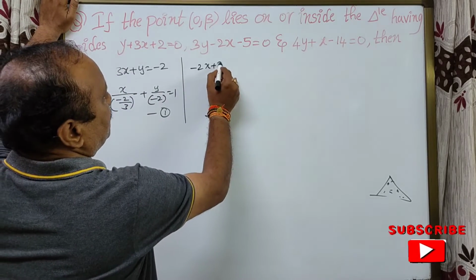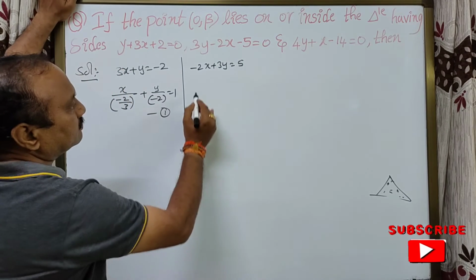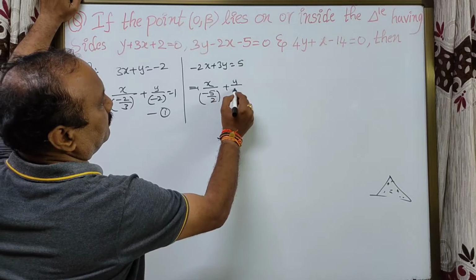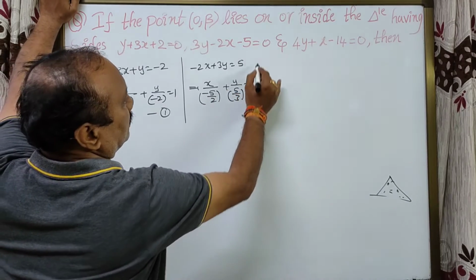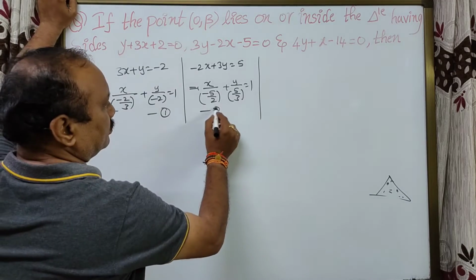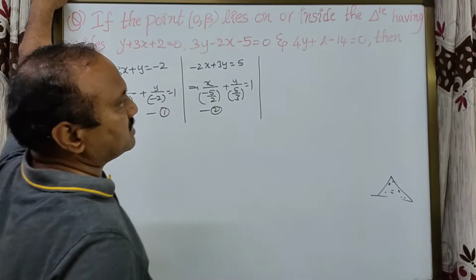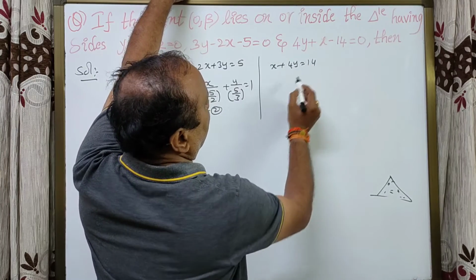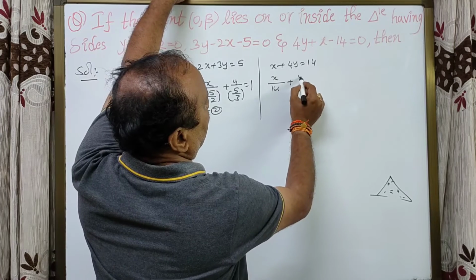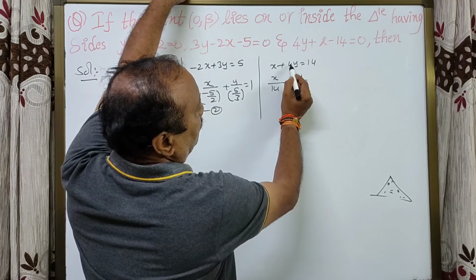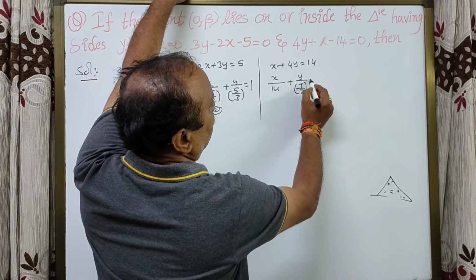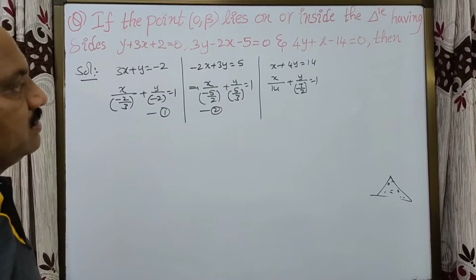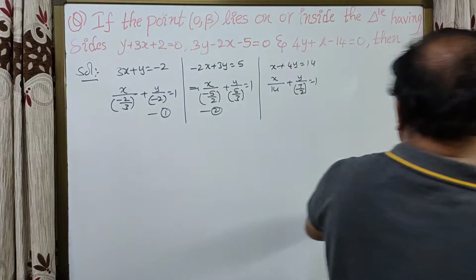Similarly, minus 2x plus 3y equal to 5 gives x by (minus 5 by 2) plus y by (5 by 3) equal to 1. It is equation 2. Now x plus 4y equal to 14 gives x by 14 plus y by (7 by 2) equal to 1, with the 2 getting cancelled. So here we have the x and y intercepts of the given 3 lines.